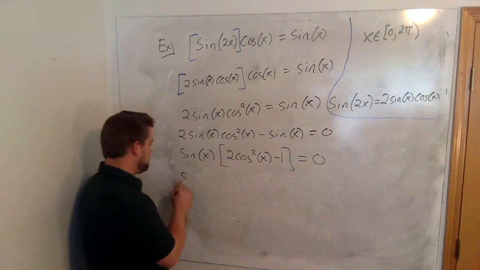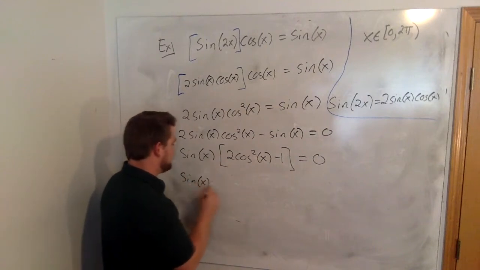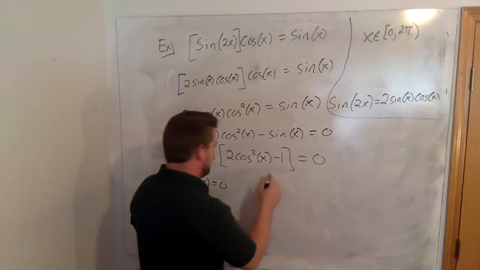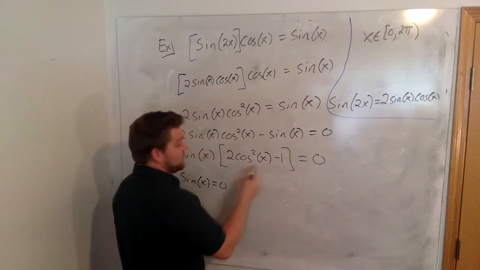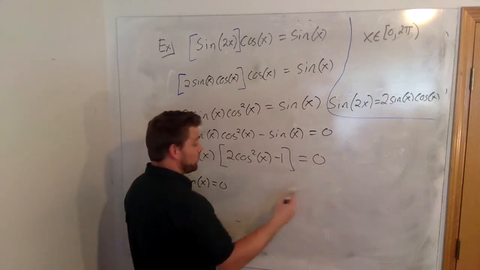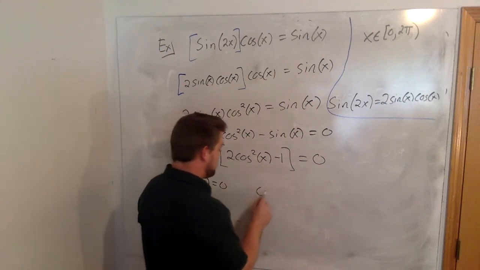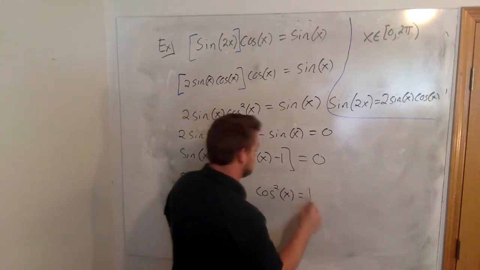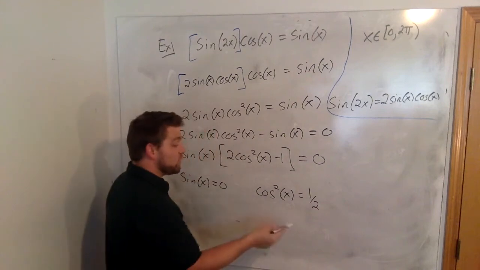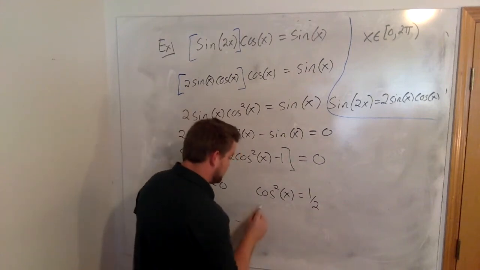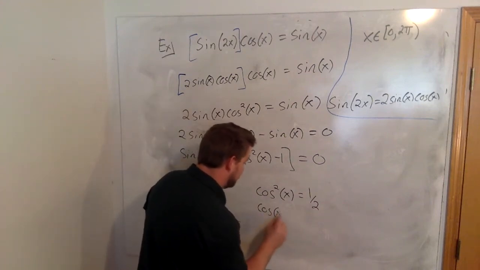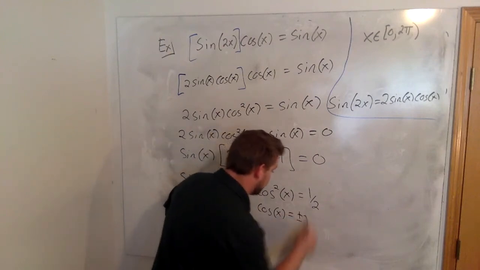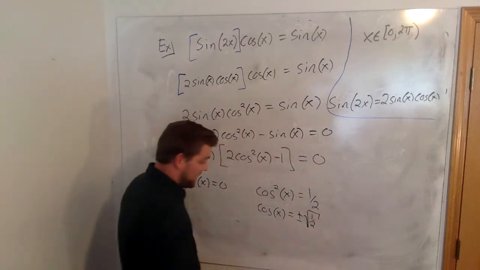So from here, we need to think about sine of x being equal to 0. And over here, we're going to have that cosine squared of x will be equal to 1/2. If we square root both sides, we'll get that cosine of x will be equal to plus or minus the square root of 1/2.